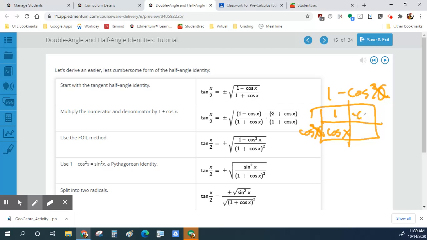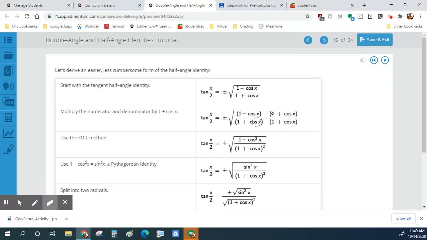This becomes negative cosine theta. So these cancel out. I know I'm using x's, but I don't want to write theta that small. So that's why I started using x's. And then over here, we get negative cosine squared theta. So that's where they get this from, is by multiplying it by the conjugate.